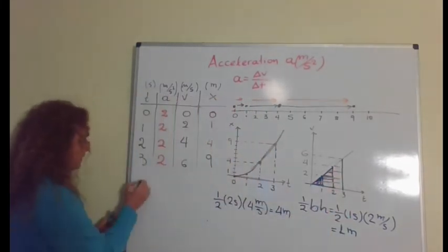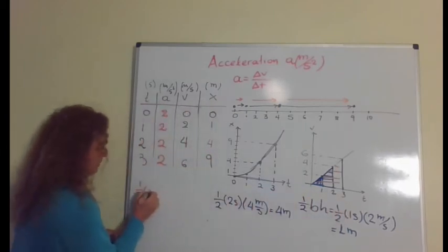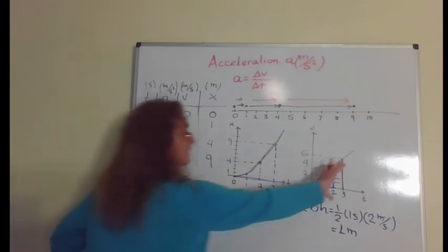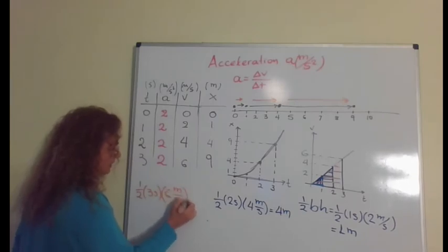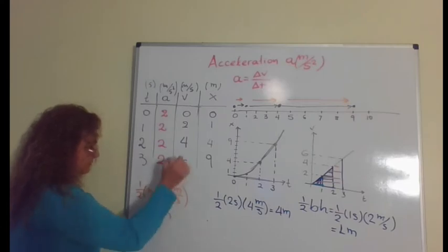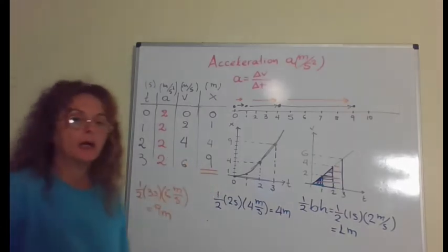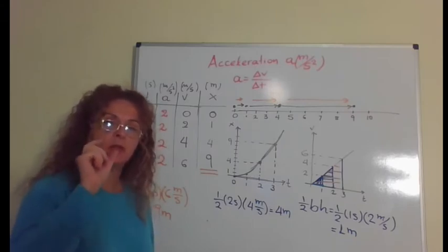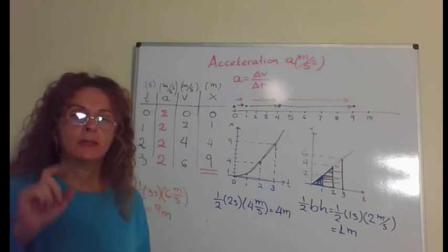And that would be half base 3 seconds times the height which is 6 meters per second, which gives me 9 meters. That's it. So by finding the area under the graph, I can find the displacement from the previous position for that amount of time.